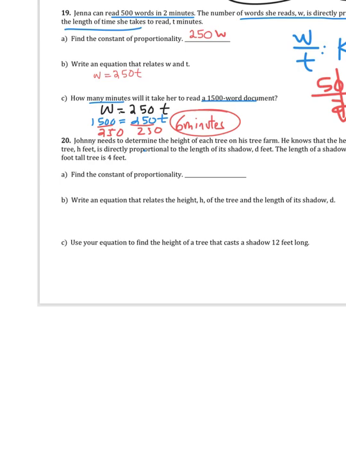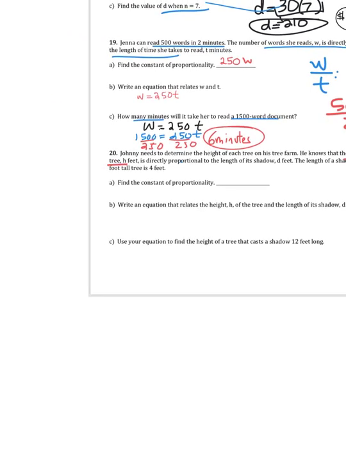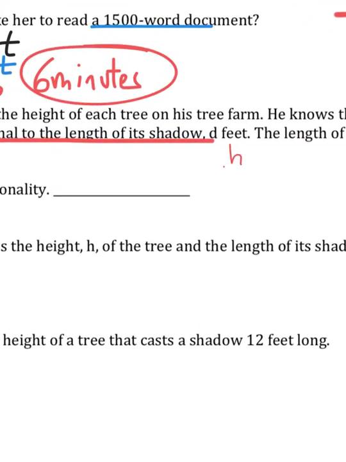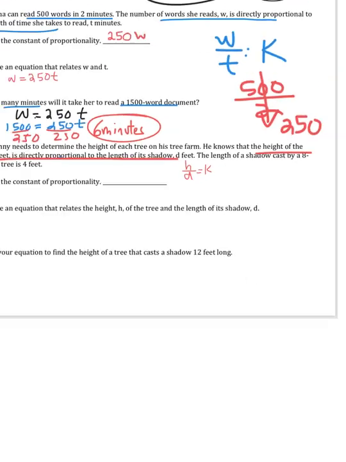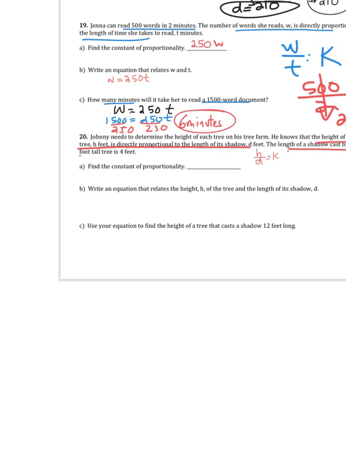Johnny needs to determine the height of each tree in his tree farm. He knows that the height of the tree, H, is directly proportional to the length of the shadow, D. So you have to go height over D, and that is going to equal the K. Okay, so the length of the shadow cast by the tree is 4 feet.